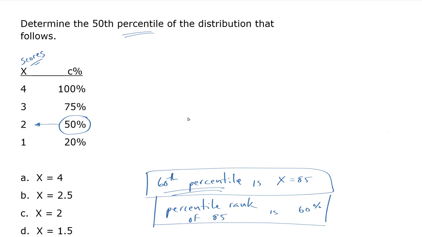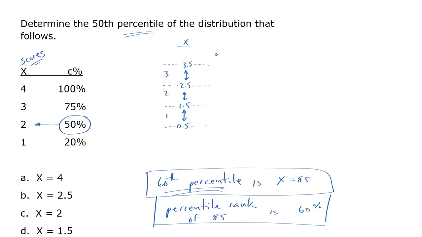My first score, the 1, is actually covering a range of values from 0.5 to 1.5. These are my real limits of the score 1. Then the score 2 goes from 1.5 up to the upper real limit, which is 2.5. And so on. The next score 3 goes from 2.5 up to the upper real limit, a half step above, up to 3.5. Okay, so these are my x values.